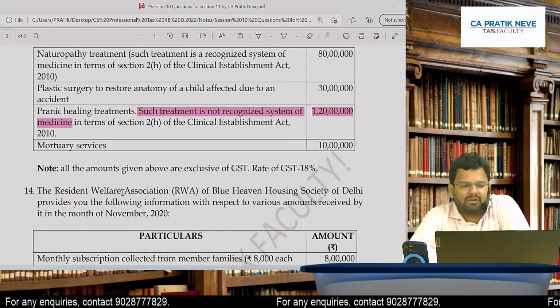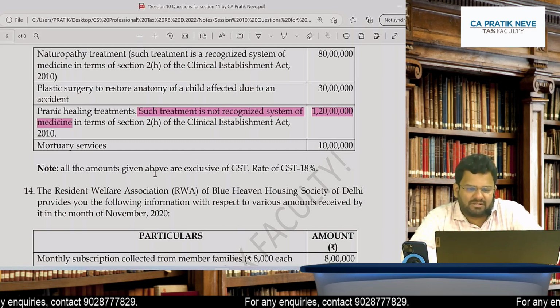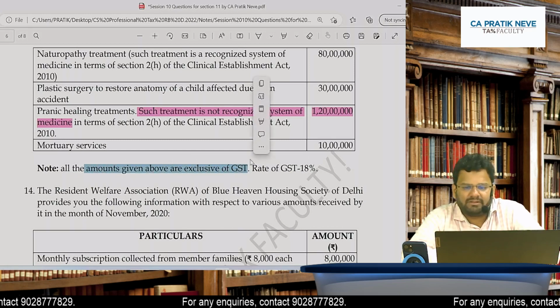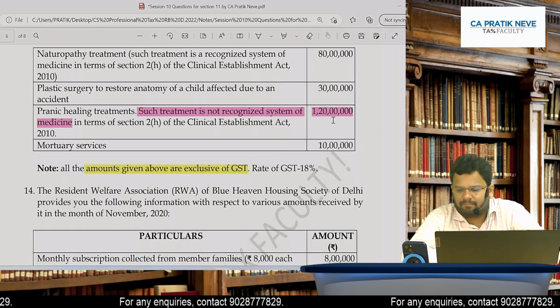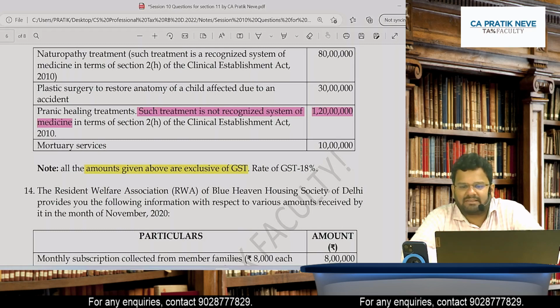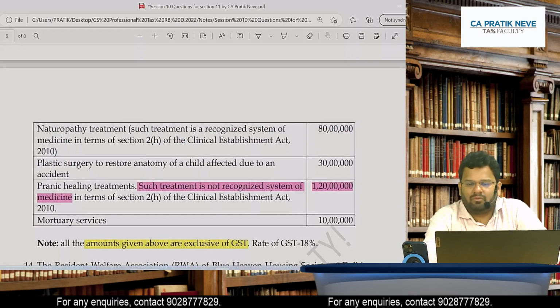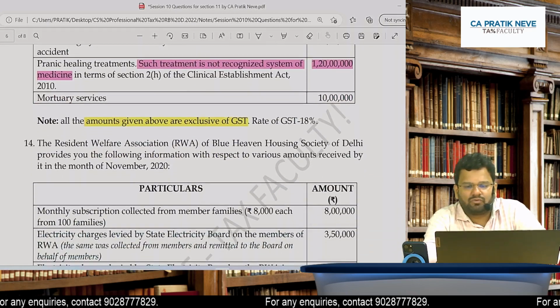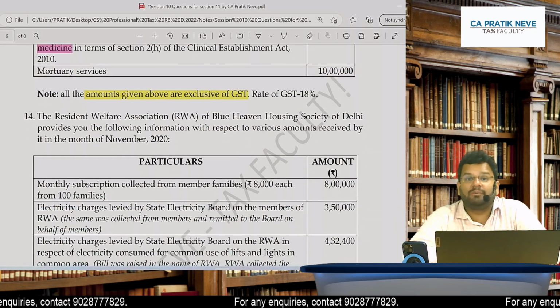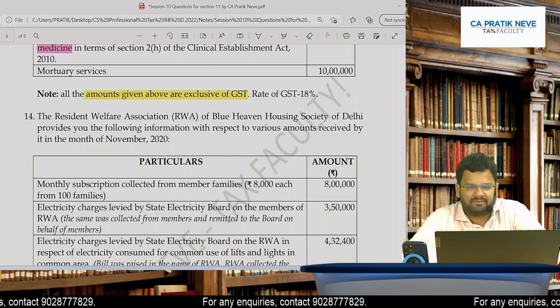All the amounts given above are exclusive of GST. Can you please find out the value of supply? Yes, only two things are taxable, 1 crore and 1 crore 20 lakhs. So finally the assessable value will be 2 crore 20 lakhs.